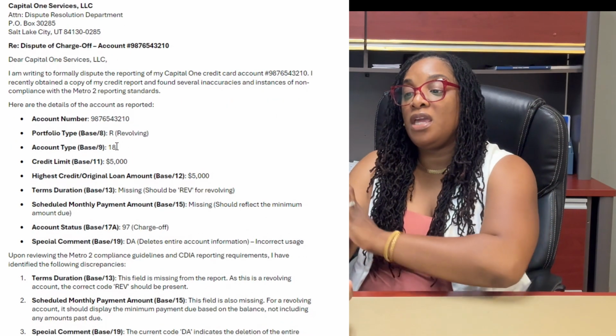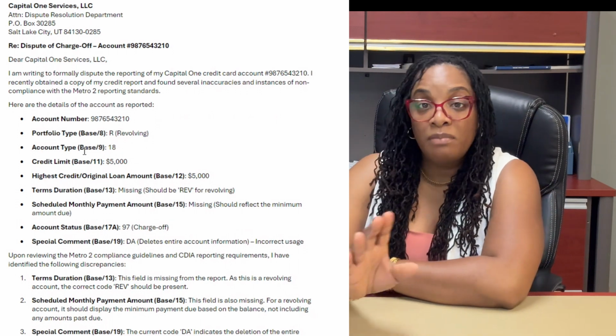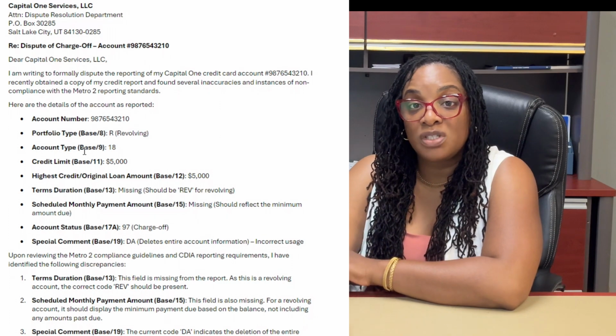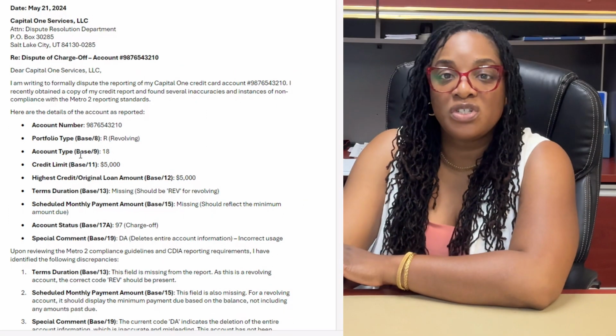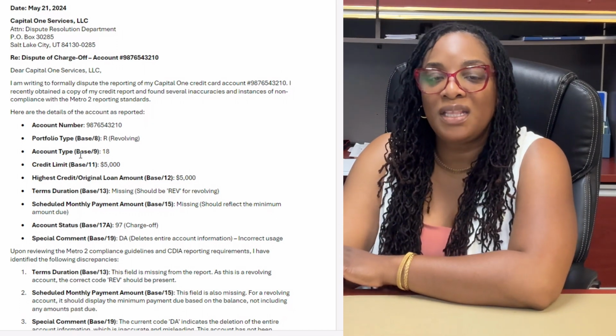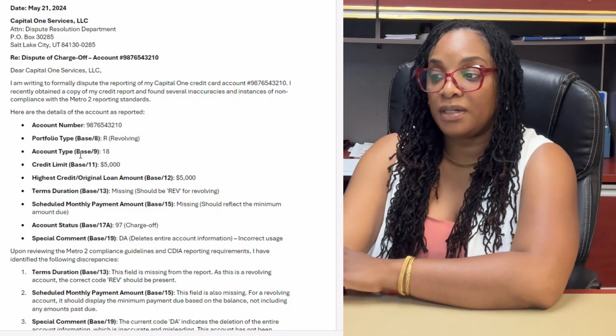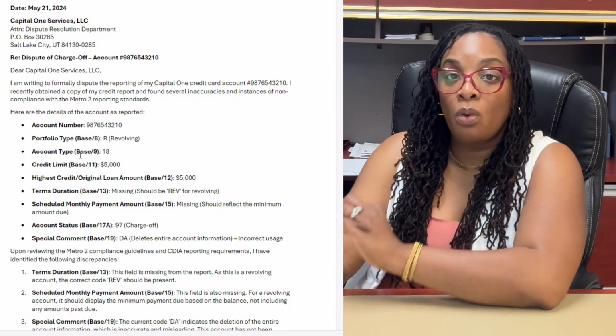And so here are the details of the account as reported. With Metro 2, there are certain fields that are required, and there are certain fields that should be filled in but are not required, meaning that if they're left blank, no harm, no foul. So we're going after required fields only.